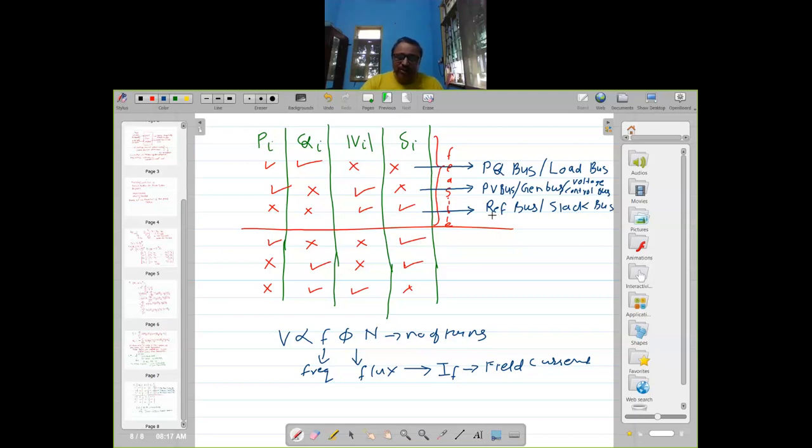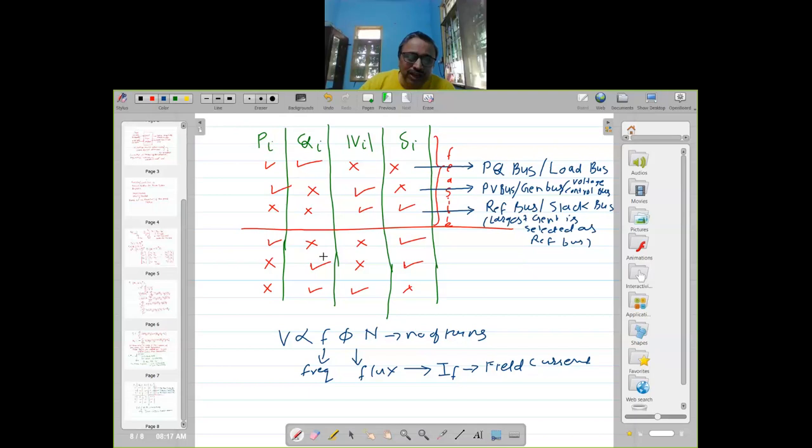The angle of the reference bus or slack bus we take as reference, and the angles of all the other bus voltages are measured with respect to that. So in this case we have the voltage and delta fixed. Generally the largest bus is selected as slack bus. Largest generator is selected. This is convention, not necessary. Mathematically, absolutely not. So these are the three major types of buses.